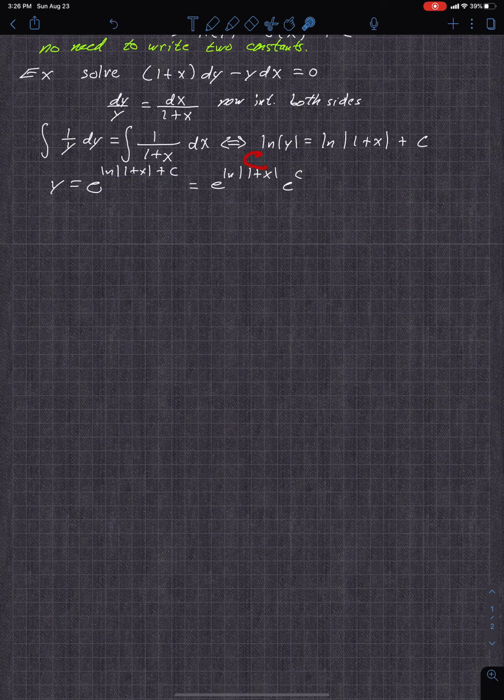So it's basically e and e to the ln cancel. This becomes y. Right-hand side, I'm simplifying.